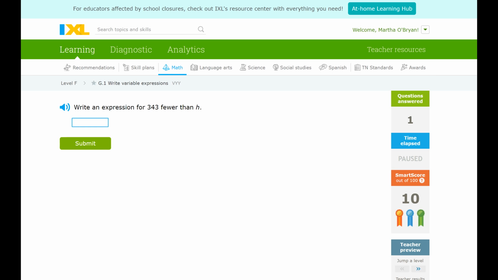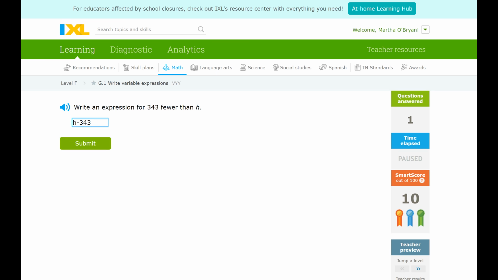Okay, so let's do this problem. It says, write an expression for 343 fewer than h. So it has that phrase fewer than, so I'm going to start with the h, put in minus, and then 343. If it said just 343 minus h, then I would keep the order the same, and I would do the 343 first.